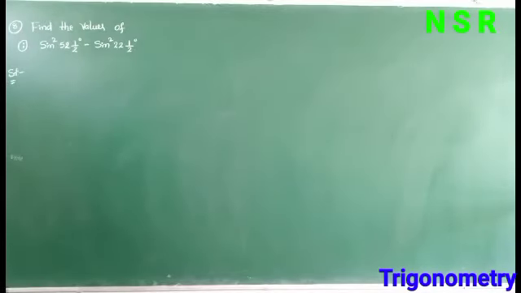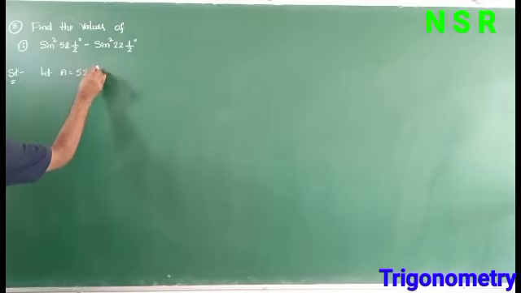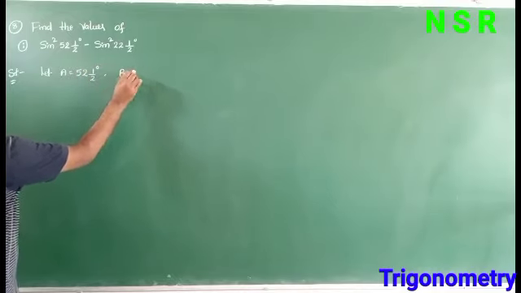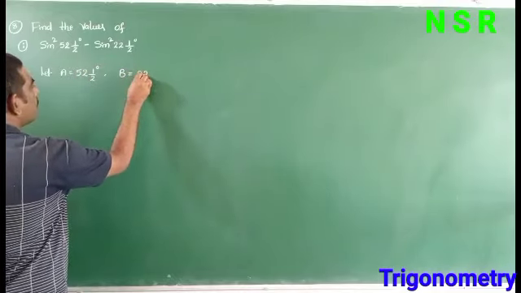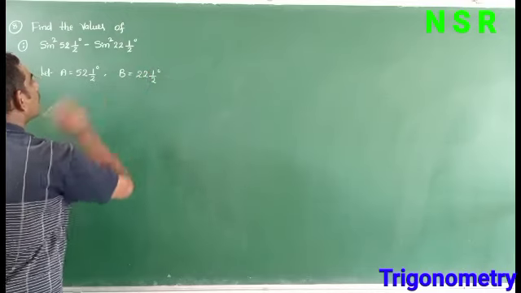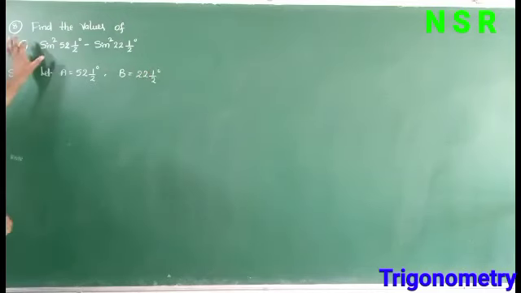So next question, find the value of the given values. The first one is sin square 52.5 minus sin square 22.5. Let us consider a equal to 52.5 and b equal to 22.5. So it is in the form of sin square a minus sin square b.